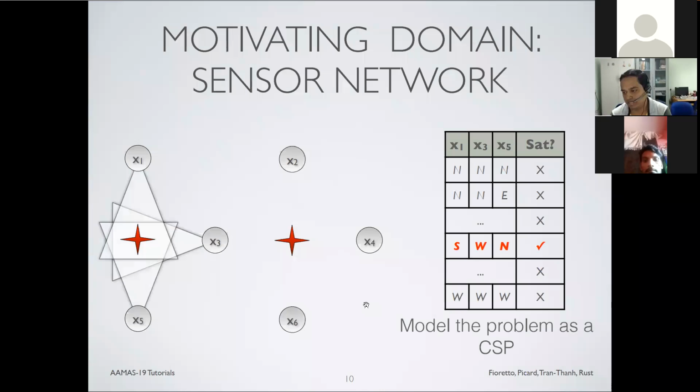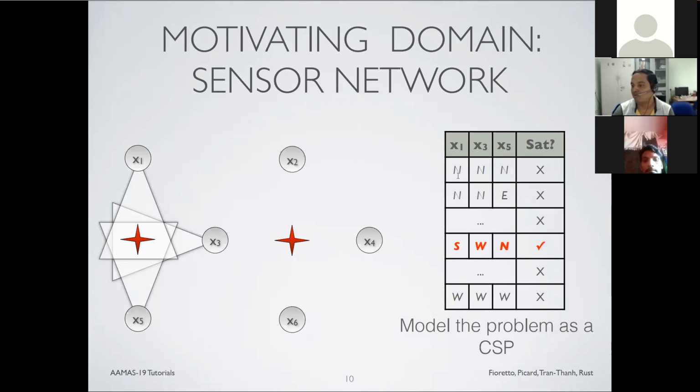For example, if I consider this target, for this target there are 3 sensors X1, X3, X5. Now, what can be the possible number of combinations?